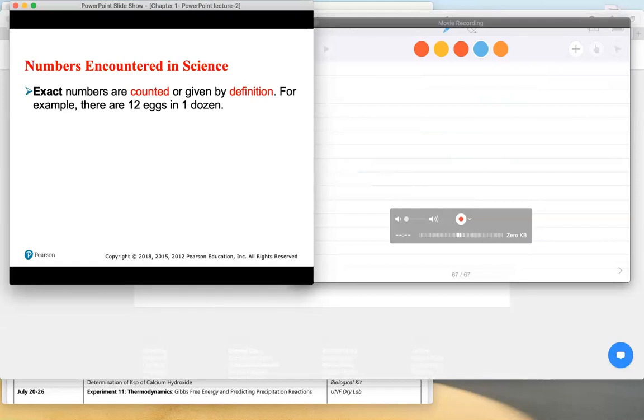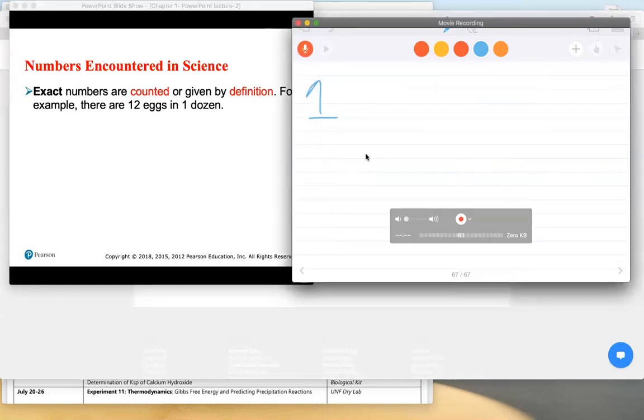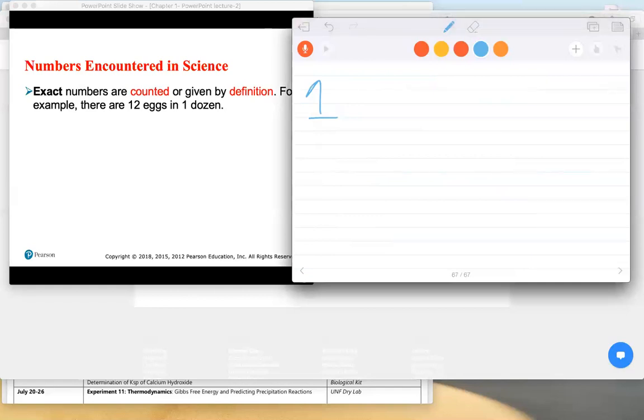This is a definition. For example, right here, 1 day equals 24 hours. These are definitions. 1 hour equals 60 minutes.